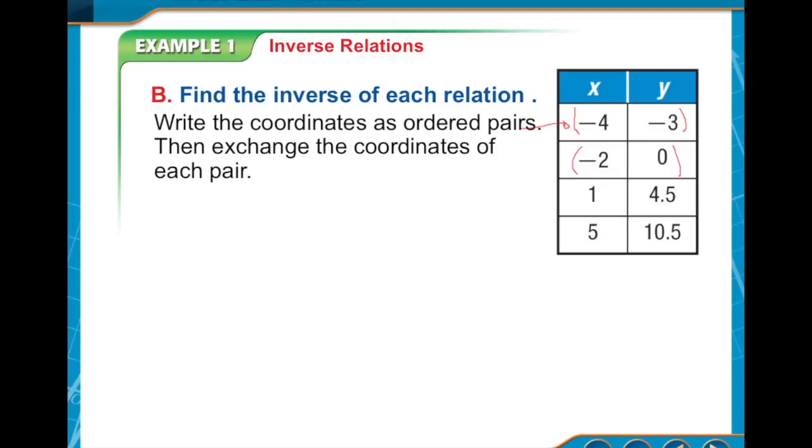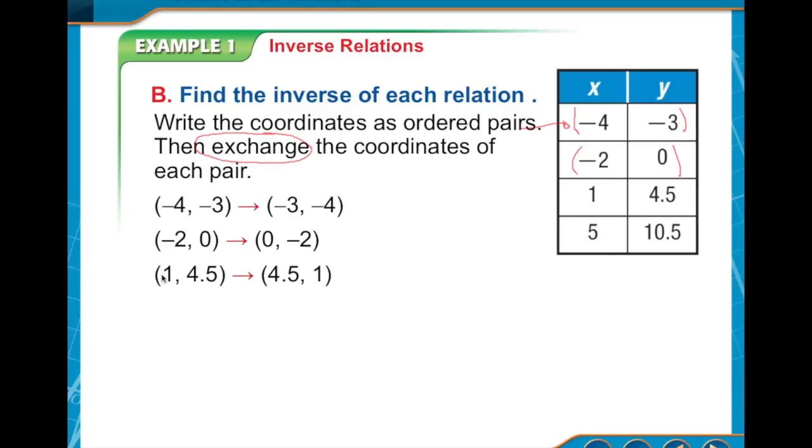So we'll exchange, a word which here means switch the order of the coordinates of each pair. So first one, switch these, we get negative 3, negative 4. Given the point negative 2, 0, switch them, 0 comes first, the 2 with a negative comes second.